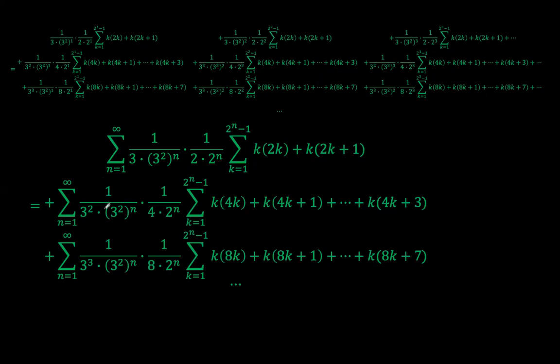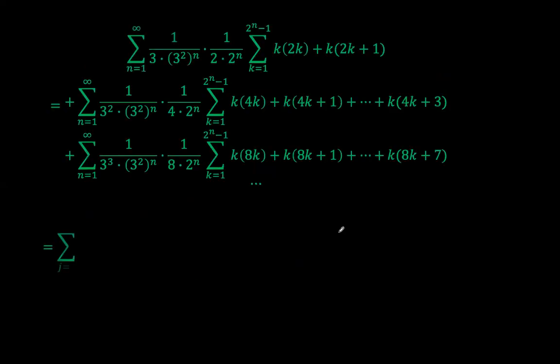And the second row, again, as you can see, this 3 here changes to 3 squared, and then this 2 changes to 4, and then this 2k changes to 4k, and then the summation here ends up to 3 instead of 1. And in the succeeding row, we see it shifts from 3 to 7. So we have to find a way of generalizing this summation into something that can be worked on by pen and paper.